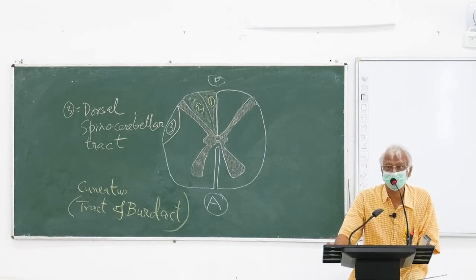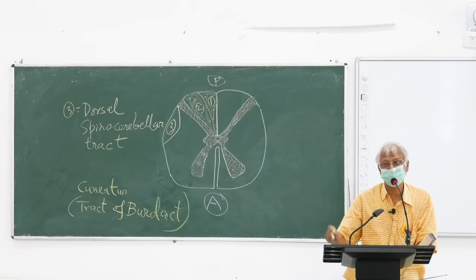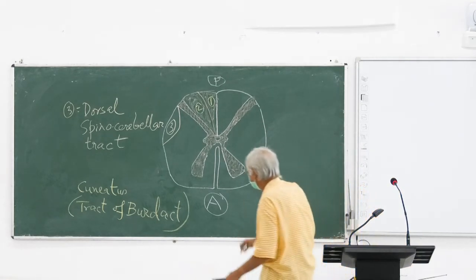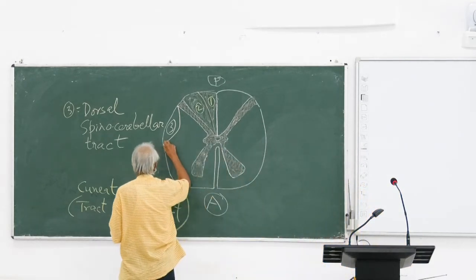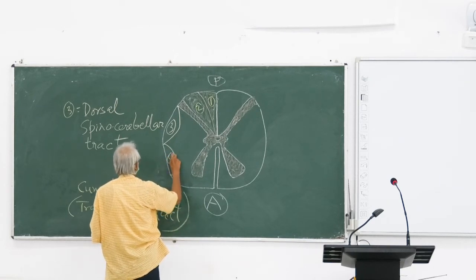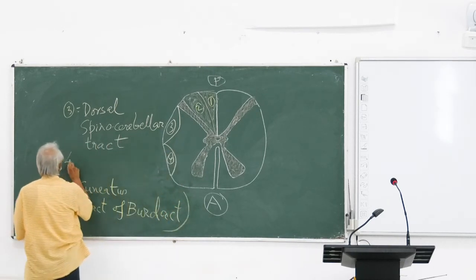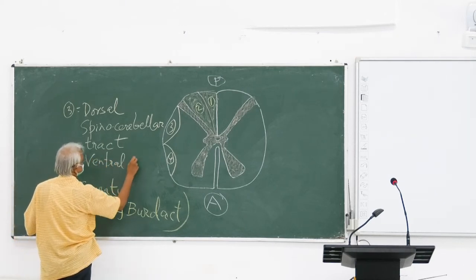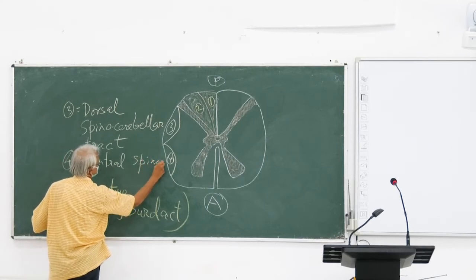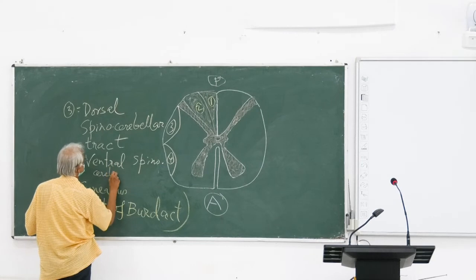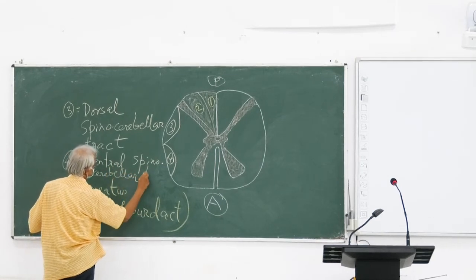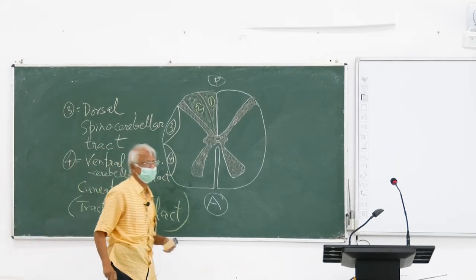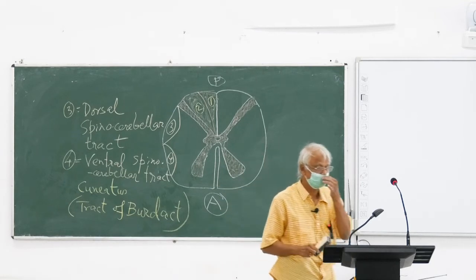If there is a dorsal spinocerebellar tract, logically there must be a ventral spinocerebellar tract. Ventral means anterior, so it is like this. Ventral spinocerebellar tract, that is number 4.